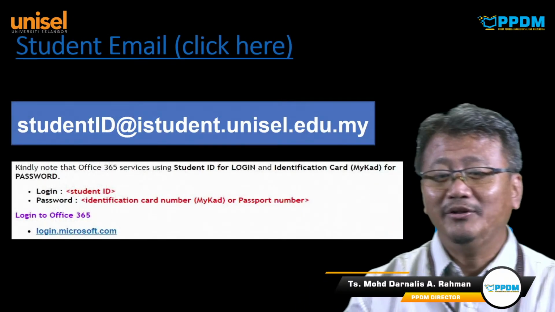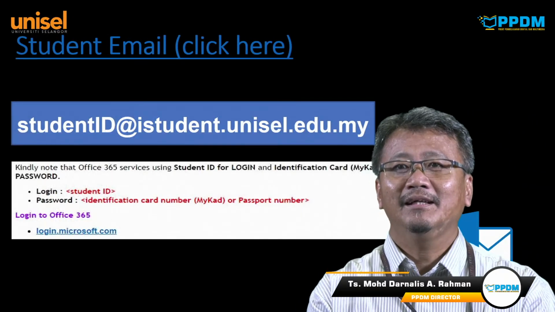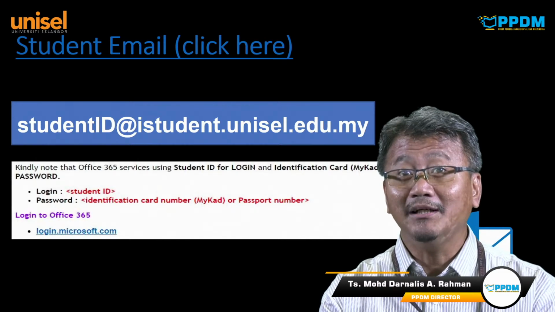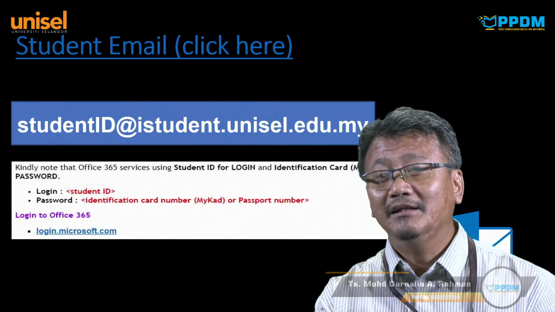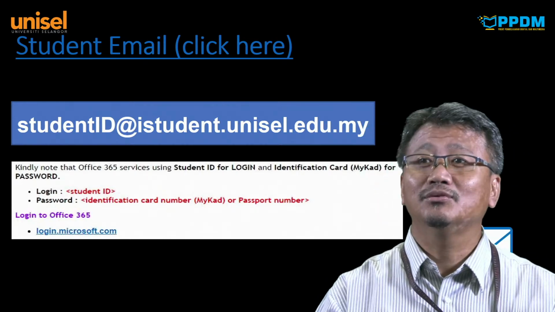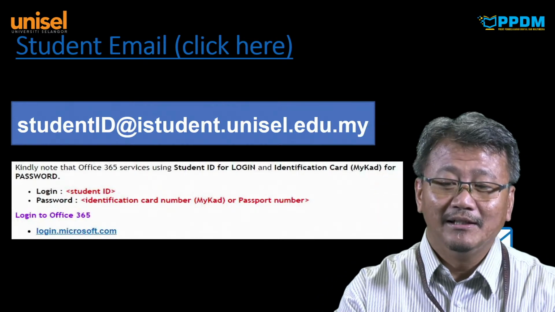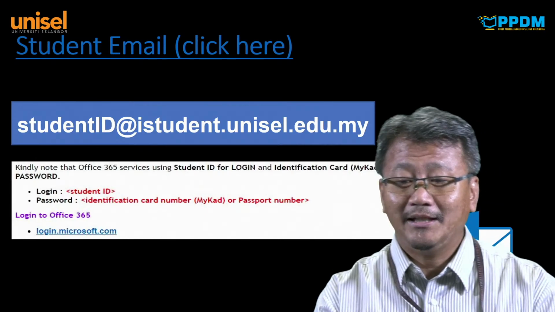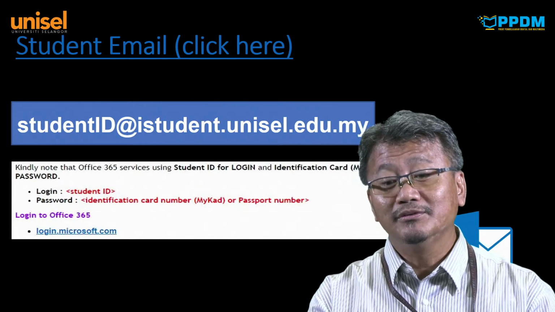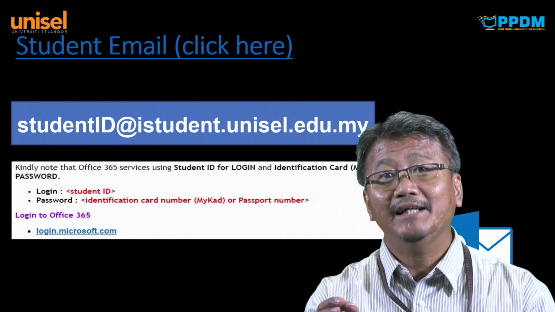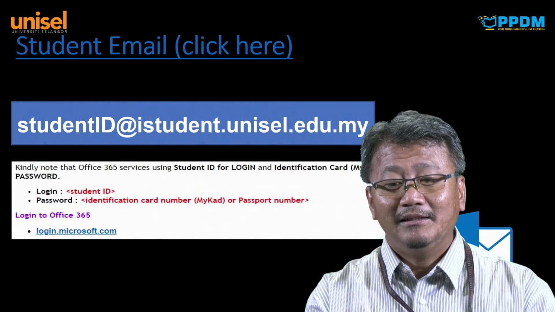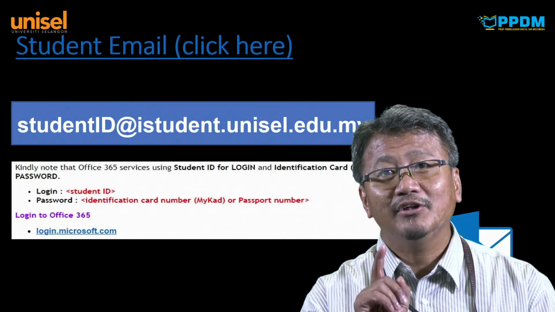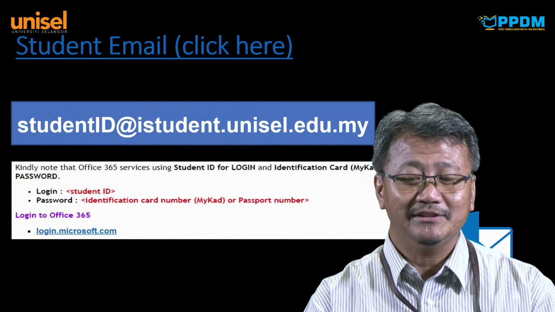But first, what you have to do is activate your student account. Remember, in our previous briefing, I told you about this iStudent email. So I hope, if not everyone, probably some of you have already activated your iStudent email. And remember, your email account shares the same credential as the Office 365 credential.